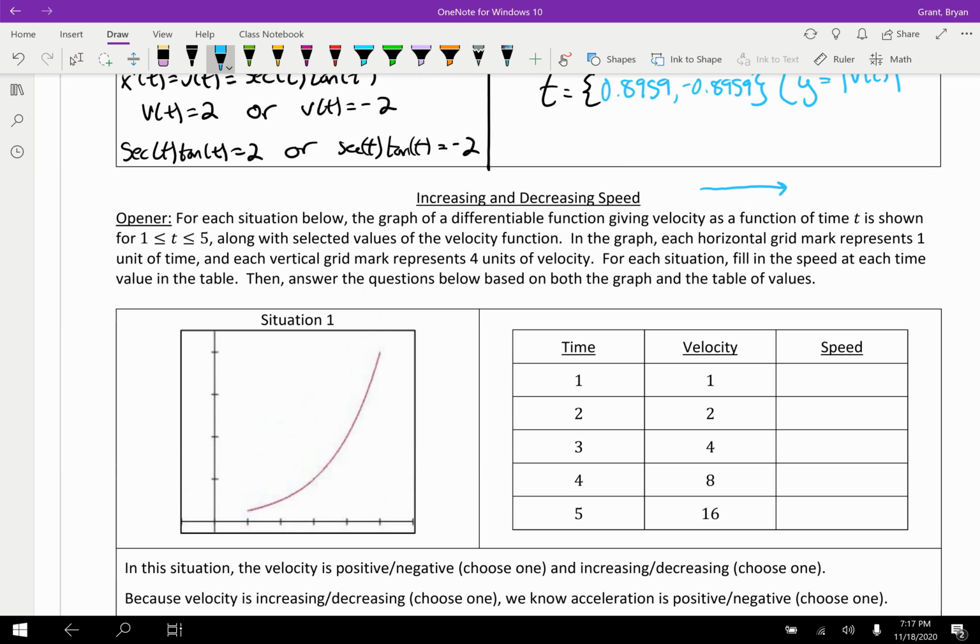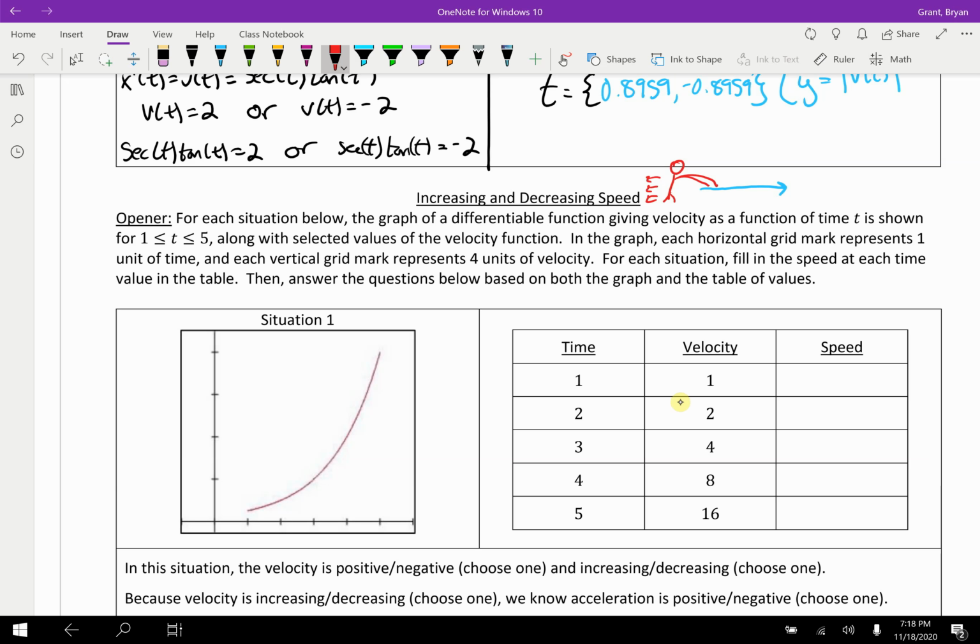But if you have a negative acceleration, I think of somebody who's standing here trying to hold on to you and pull you backwards. So you're still able to move to the right, but because they're pulling you backwards, you'd be slowing down. And that's kind of weird, this positive velocity but negative acceleration.